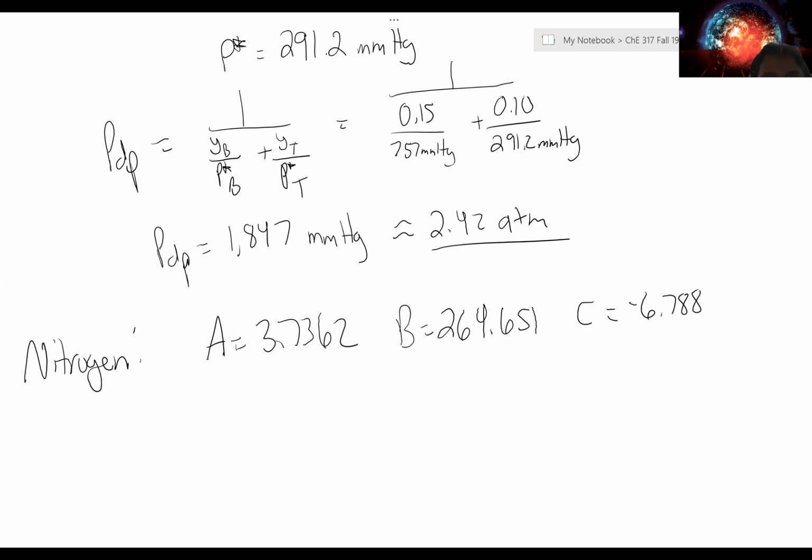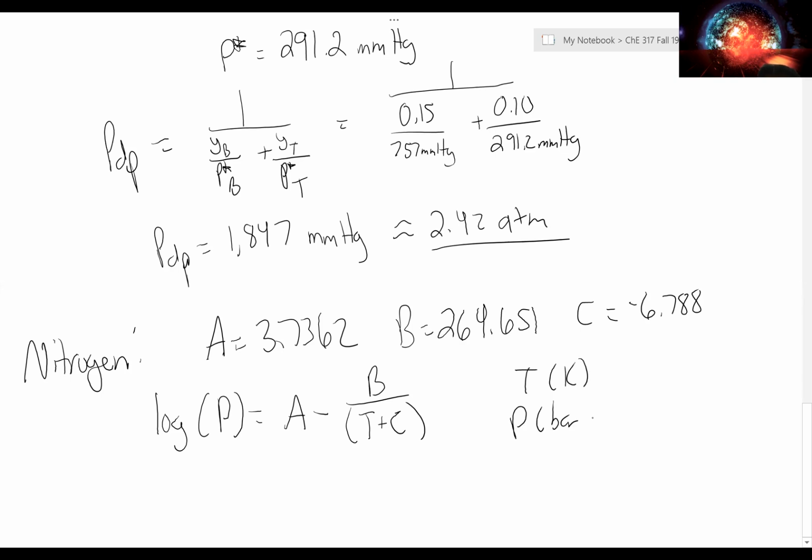And the temperature has to be in Kelvin, and the pressure it gives me is in bar. Make sure it's log, yeah, it's log. So this is for this form of the equation: log P equals A minus B over T plus C, where T is in Kelvin and P is in bar.